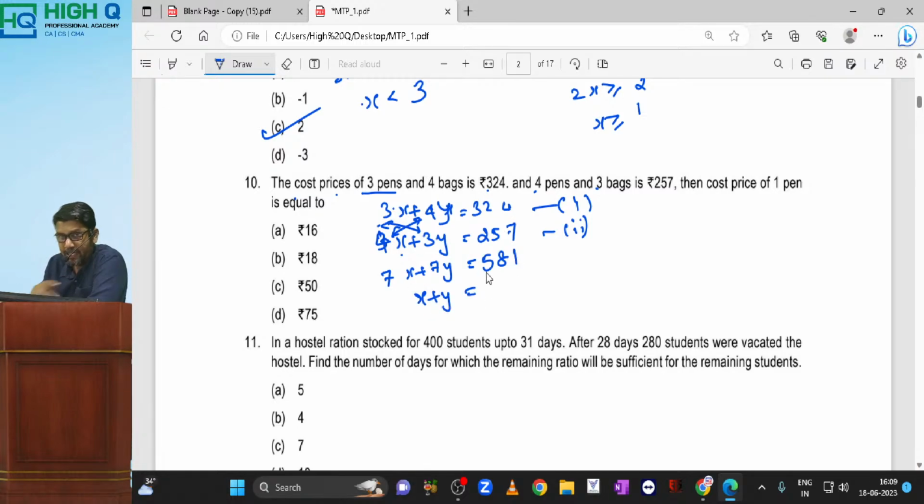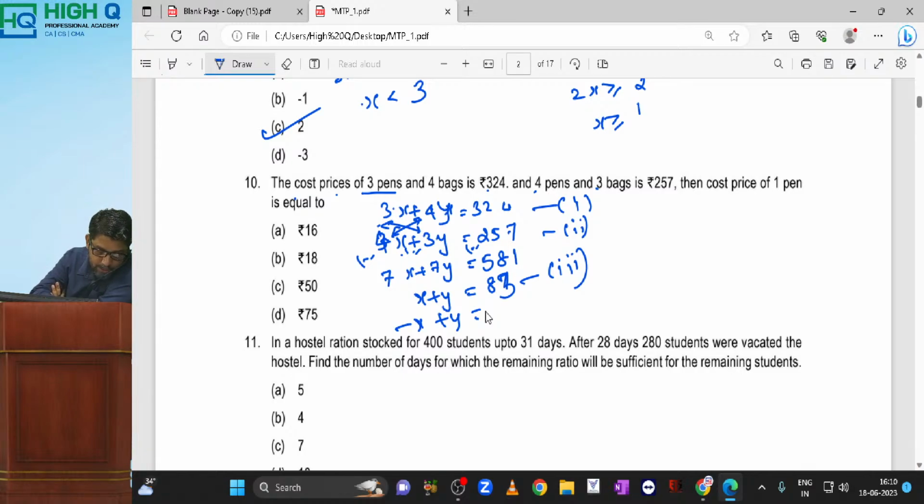So what is x plus y equal to? Let me divide each term by 7. 83. Take it as equation number 3, for example. Now, subtract both the equations. What are you going to get? Minus x plus y is equal to 324 minus 257. We get 67.